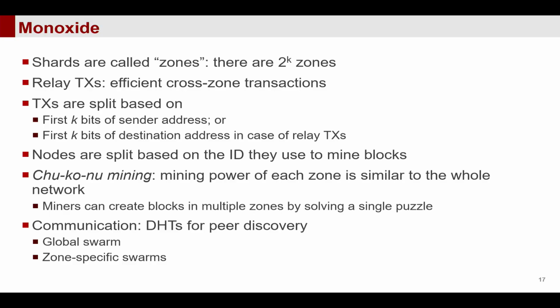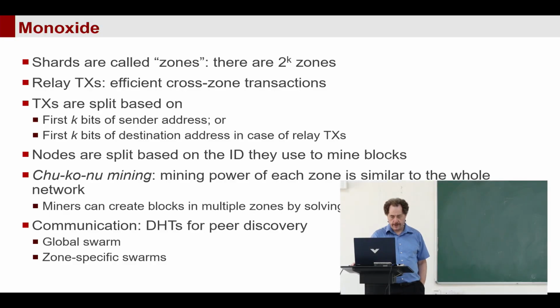We are going to talk about Chu-ko-nu mining in a bit. There is also a concern about how to do communication between the shards effectively. So they use distributed hash tables for peer discovery, and they use some swarm protocols.